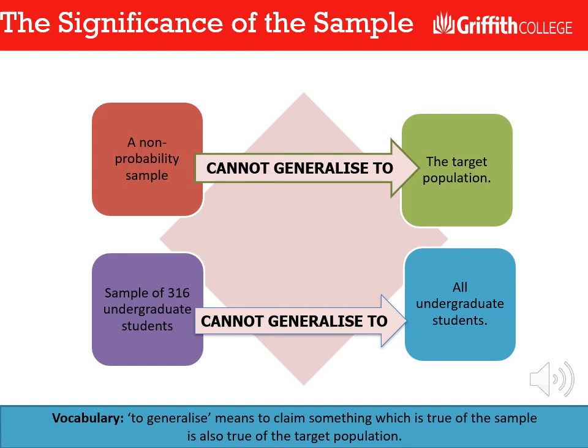So the general rules are that if a sample is not probability, so is random or non-random, probability is random. So if it is non-random, then you cannot generalize to the target population or to the study population.